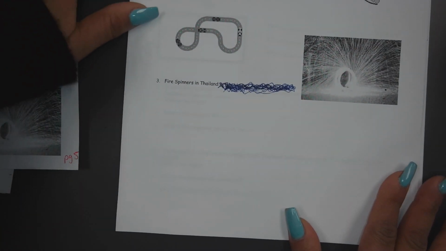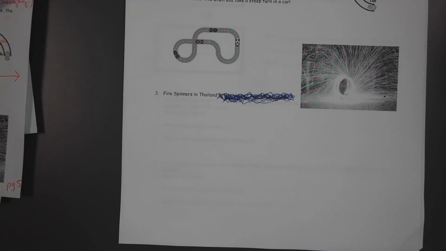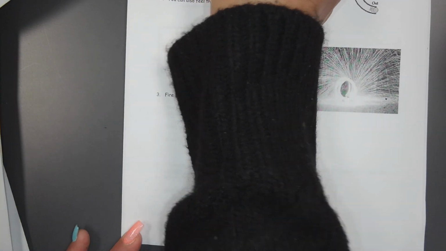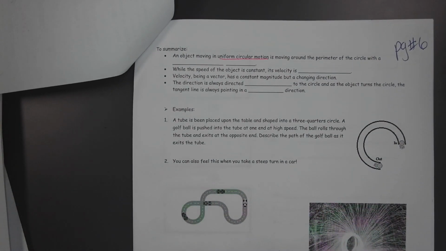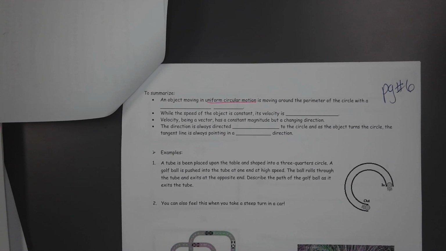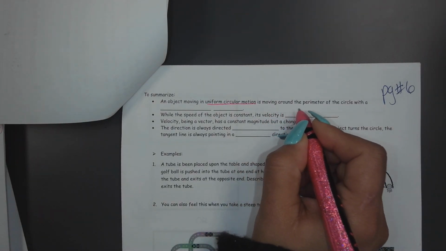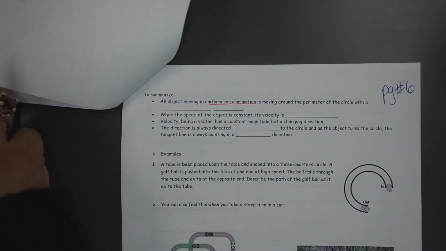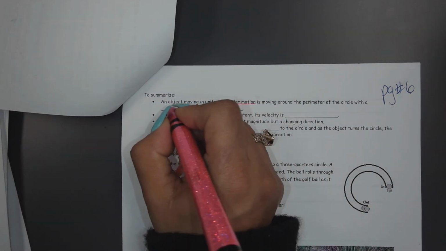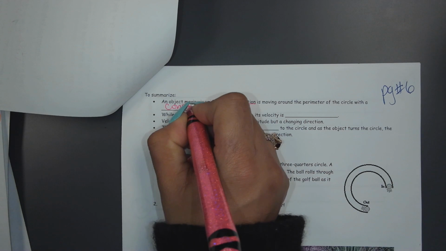It says here, let's summarize a little bit. An object moving in uniform circular motion is moving around the perimeter of the circle with a constant speed, which makes sense.